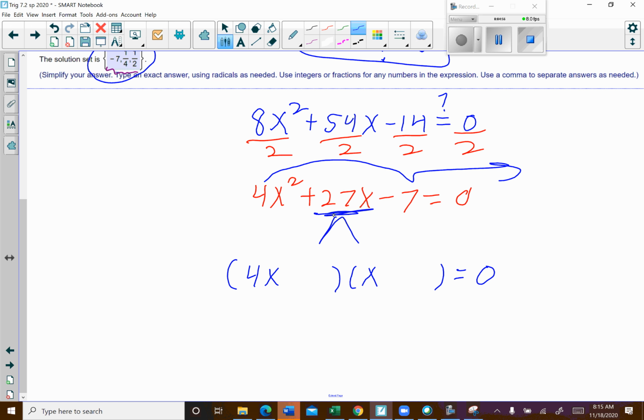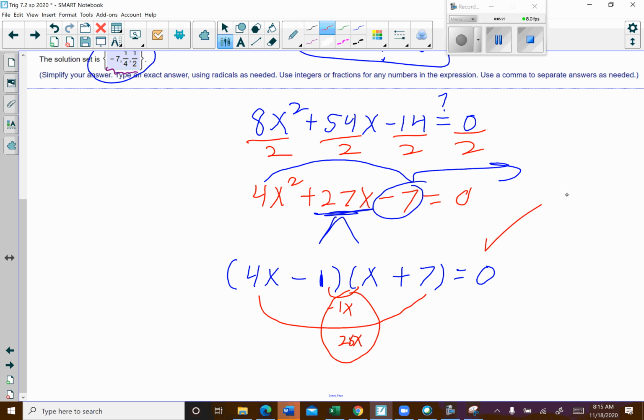So it's going to have to be positive 7 and negative 1. It's just a matter of where do I put them. And so I'm probably going to put the minus 1 here and put the plus 7 here. And so what you can see is this would give me 28x, and this would give me a minus 1x, which then adds up to that 27x in the middle. So I know I did it correctly.